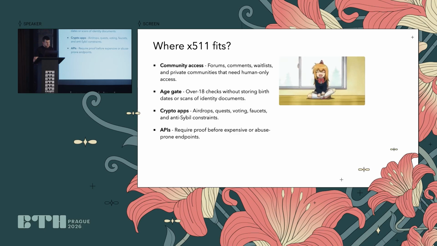Also, with crypto apps, you can have fair airdrops, fair quests, fair voting, with Sybil-resistant constraints. And for APIs, you don't need to limit users. You just require proof that they are real and give them a better tier. So you don't need to worry that someone creates a million fake emails. They have their identity and they are limited to the amount of passwords created on this planet.